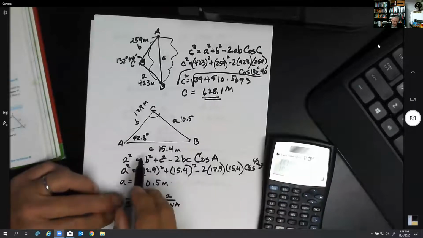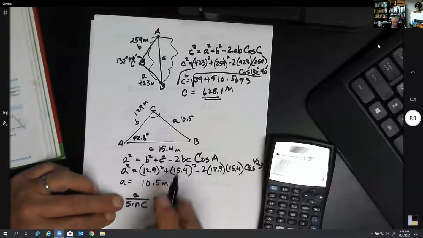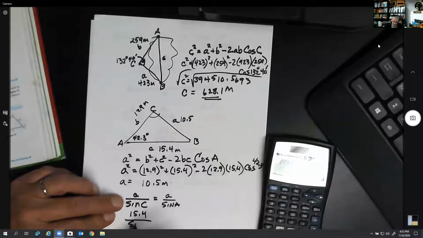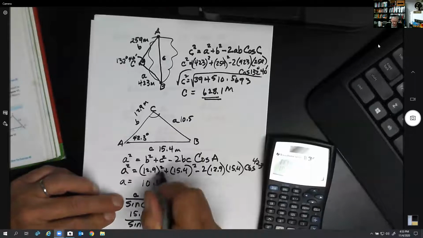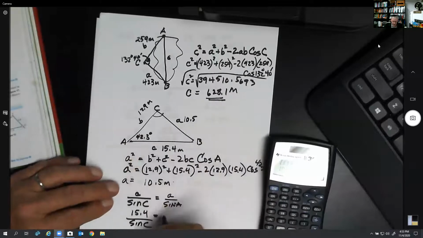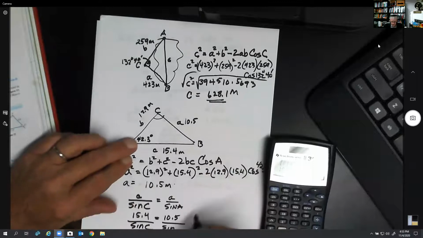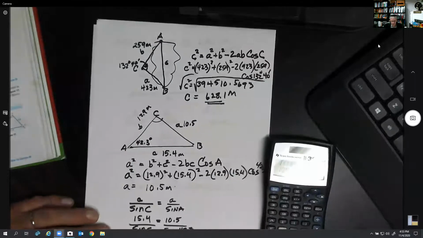So what do we know on this thing? We know C, 15.4, sine C equals A. We know A, we just figured it out, 10.5. And that would be to the sine of A, which is 42.3.